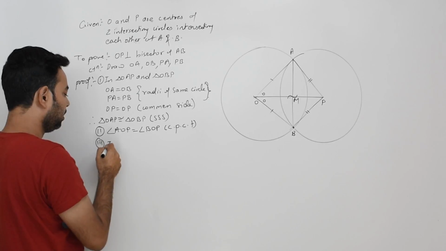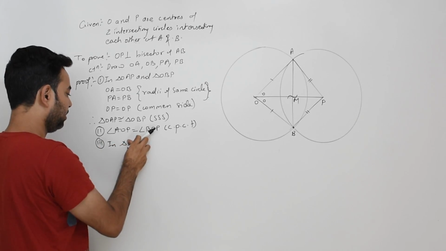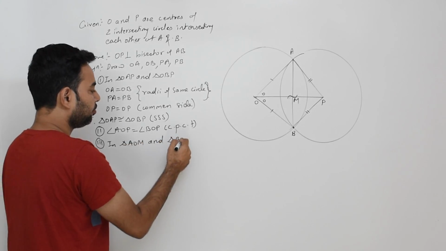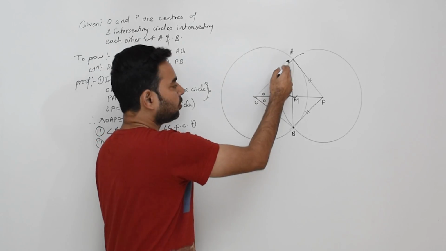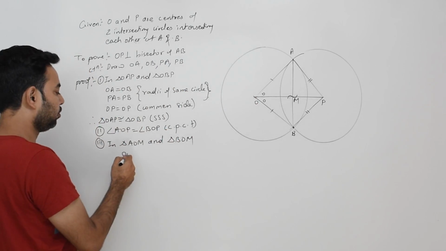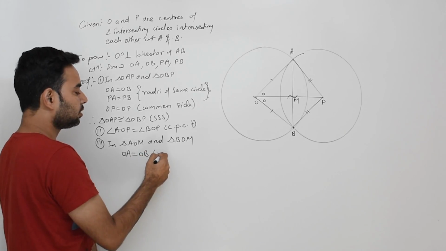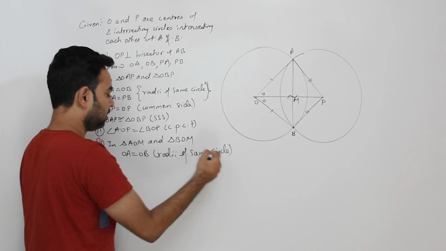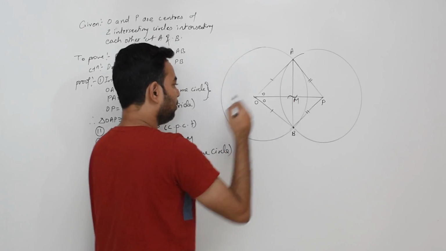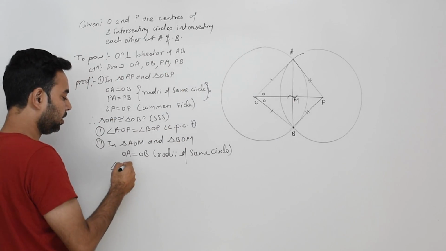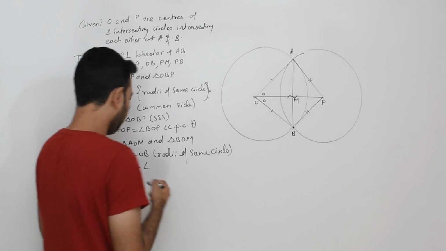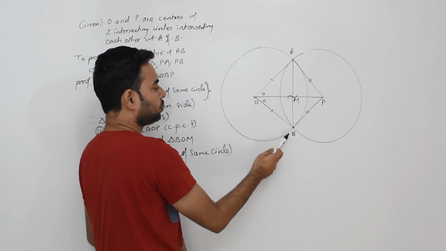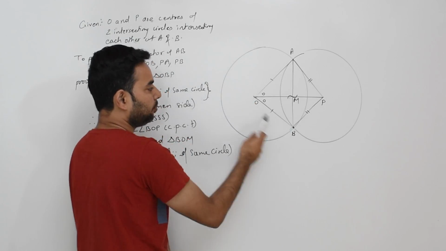Third point, in triangle AOM and triangle BOM, OA is equal to OB because they are radii of the same circle, and angle AOM is equal to BOM because we have proved AOP equals BOP.